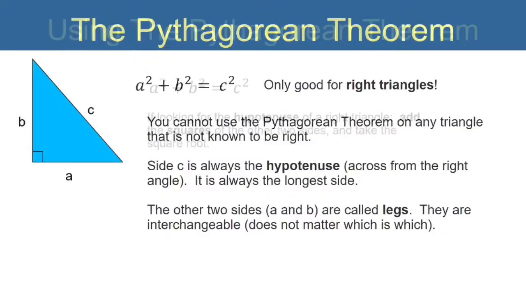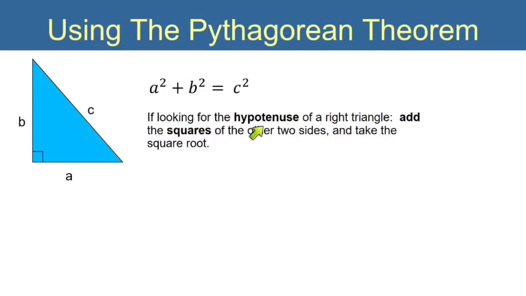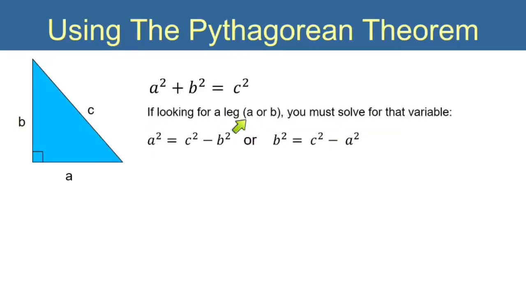So if you're looking for the hypotenuse of a right triangle, what you're going to do is add the squares of the other two sides and then take the square root. But if you're looking for a leg, if you're looking for A or B, then the Pythagorean theorem has to be solved for that variable.